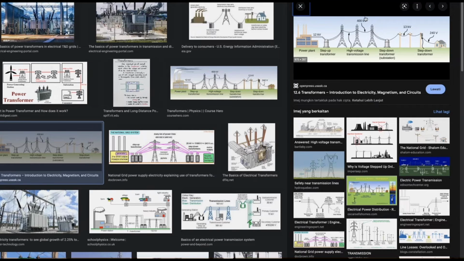So they need to step up the voltage so that they minimize the power loss, as the current is very small. The current will be very low if you increase the voltage. Like I said, if you double the voltage, the current will be half of the original.